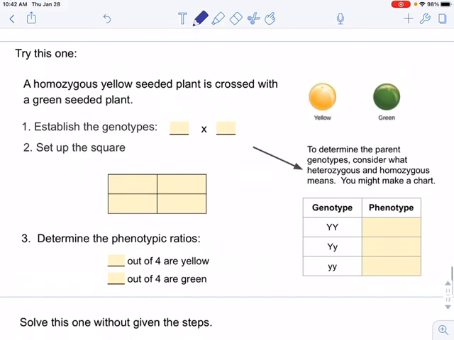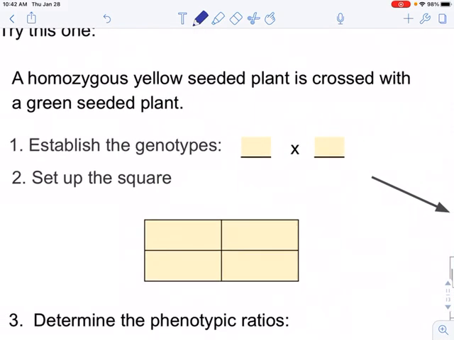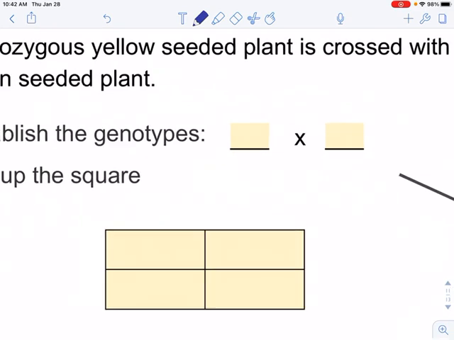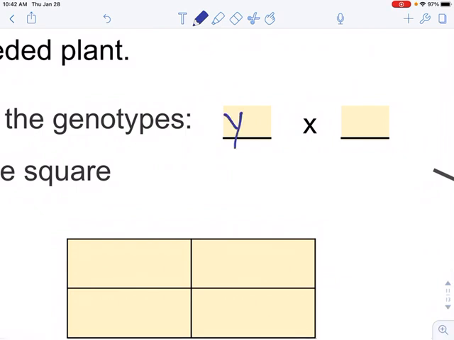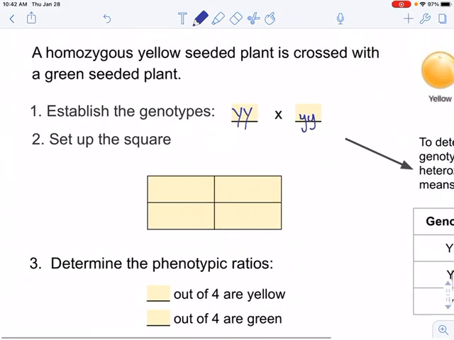All right, now let's try this one. Homozygous yellow is crossed with a green seed. Hopefully you said homozygous yellow is big Y, big Y. Green would have to be little y since it's recessive. So we put big Y on the side, little y across the top.